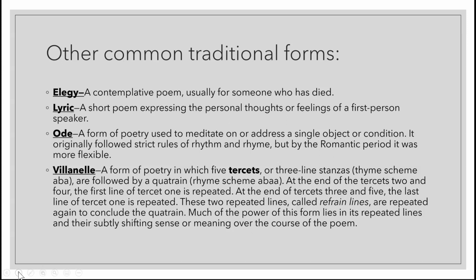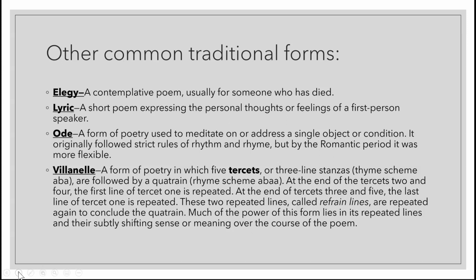It originally followed strict rules of rhythm and rhyme, but by the Romantic period it was more flexible. And a villanelle, a form of poetry in which 5 tercets, or 3-line stanzas, rhyme scheme ABA, are followed by a quatrain, rhyme scheme ABAA.